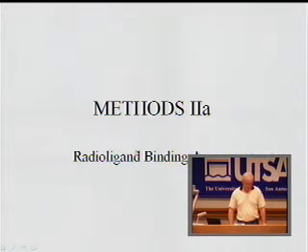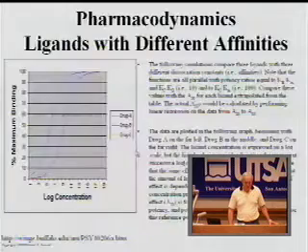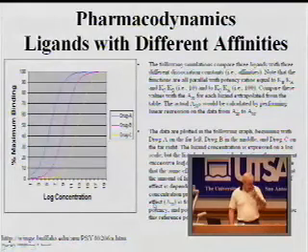The last couple of slides that we had looked at in the previous lecture took us to the point of understanding that the KD, 1 over Ka, is useful in determining concentrations to use in biological assays.